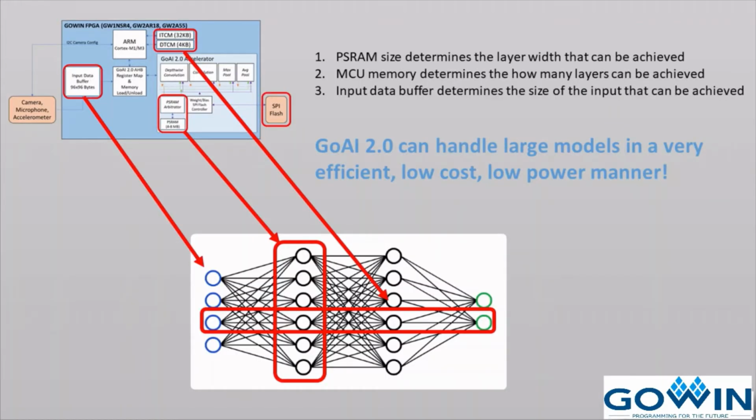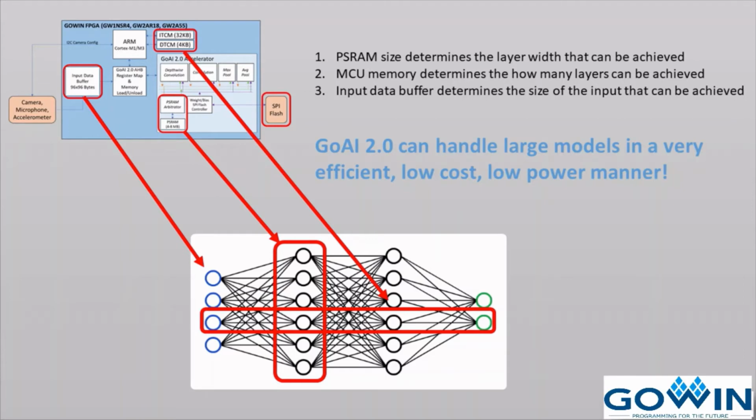Okay, and here is just explaining the memory allocation one more time. So the ARM Cortex-M memory, the ITCM and DTCM, holds first any control that's needed for the system, but then in terms of the model itself, holds all of the parameters and the number of layers, as well as any functions that the NPU doesn't run for the model.